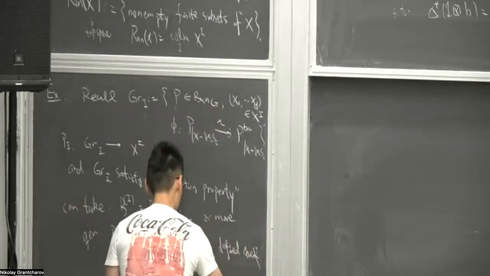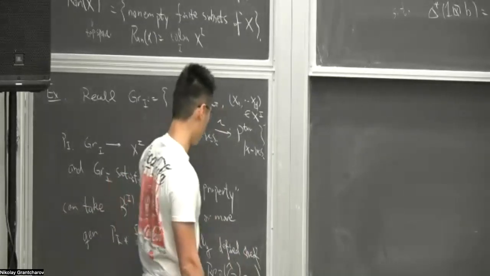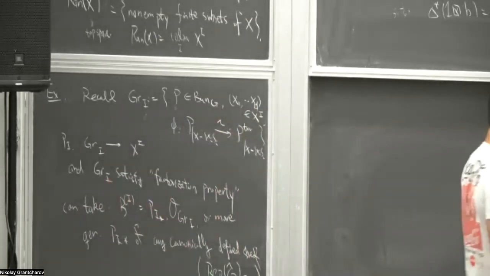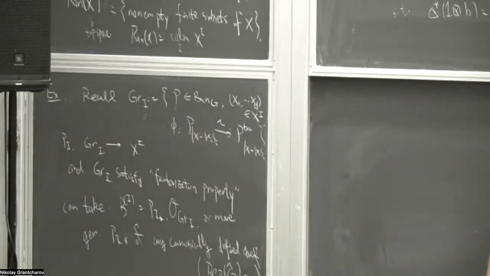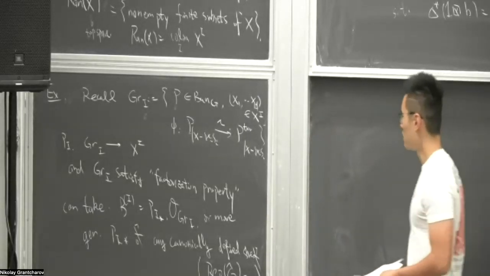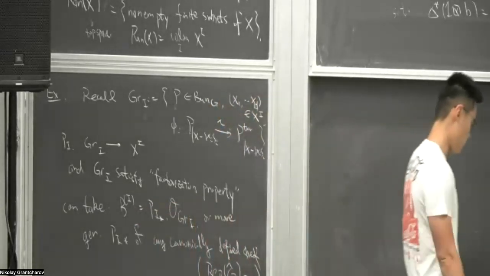For example, we could consider some sort of Raynaud-Gruson check over the Ran space, which would associate a sheaf over I. But I won't talk about that.